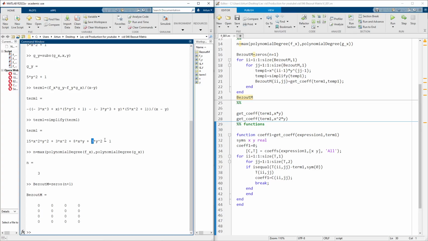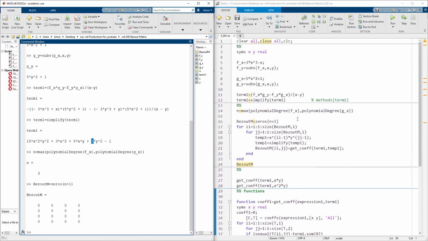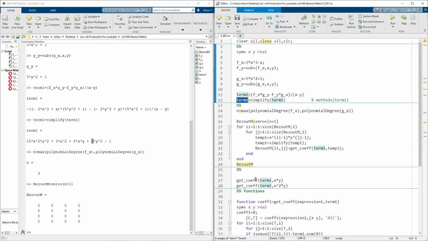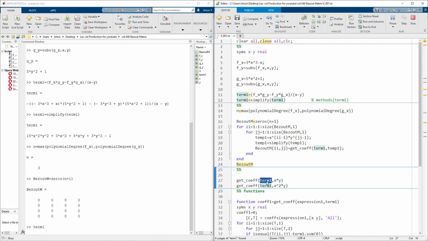For example, we call our expression term, inconveniently enough. Let's run it.